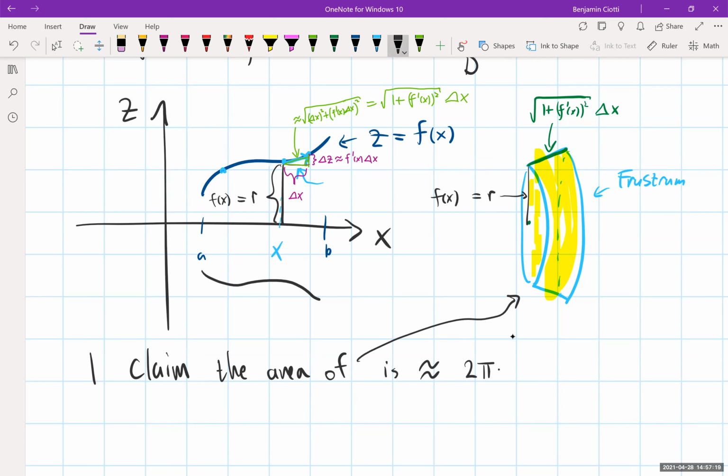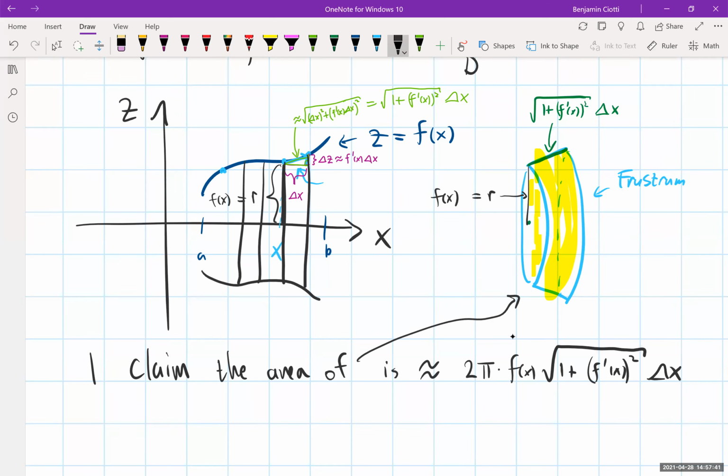So that would be 2 pi times f of x times the square root of 1 plus f prime of x squared, delta x. So then you split the entire region into a whole bunch of frustrums and just add up all of those. Add them all up.